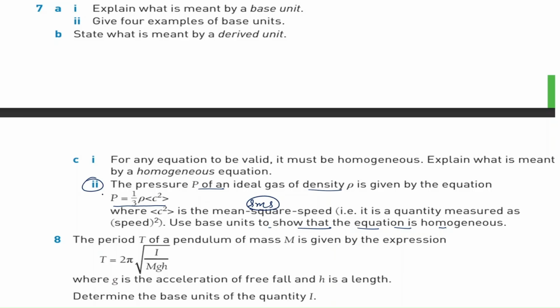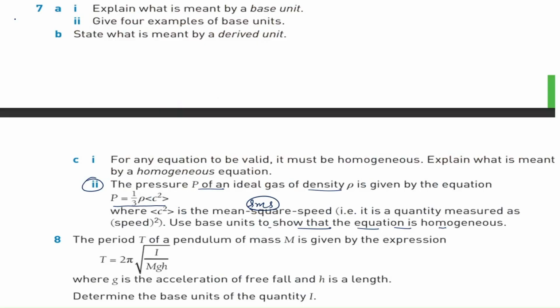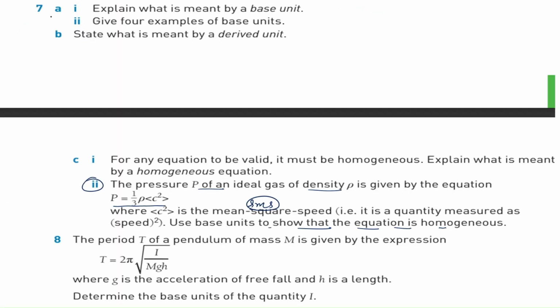To prove this equation, we have to take the left hand side, which is P, and the right hand side, which is one third rho into c square.